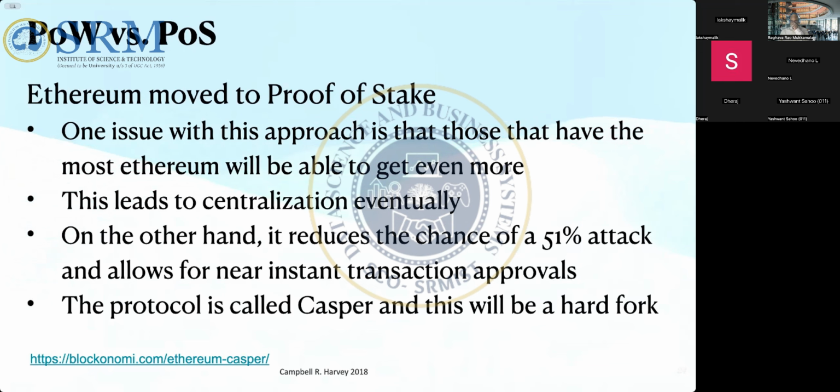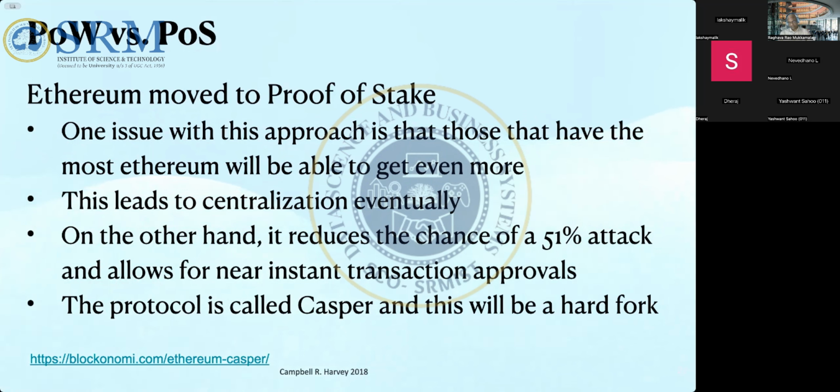On the other hand, it reduces the chance of 51% attacks. Remember what a 51% attack is in Bitcoin? That means if you can get hold of 51% of the network resources used for mining, then you can literally create invalid blocks and hijack the network.